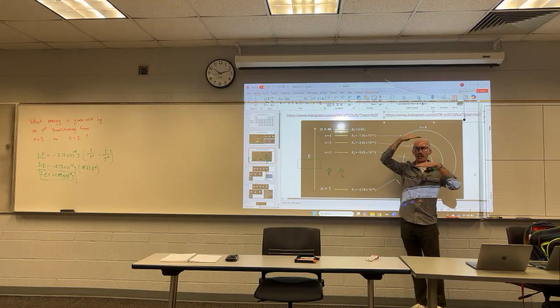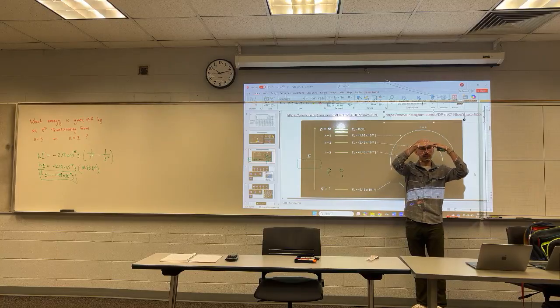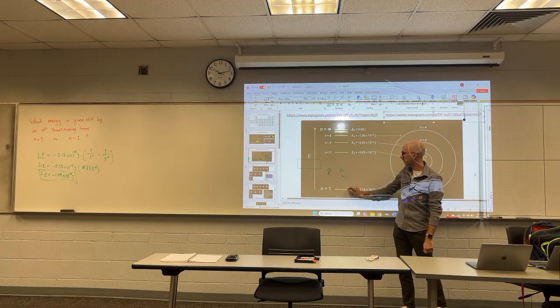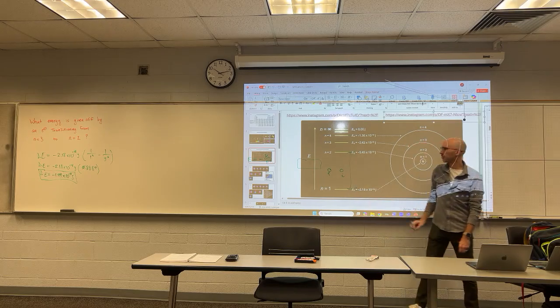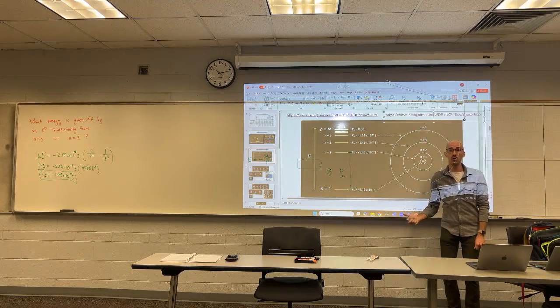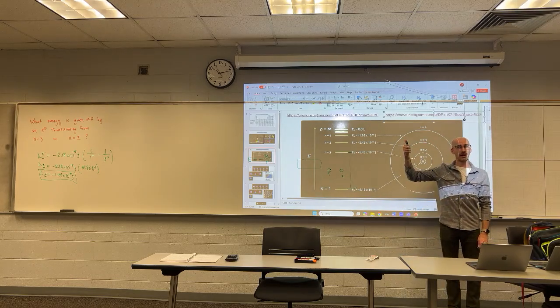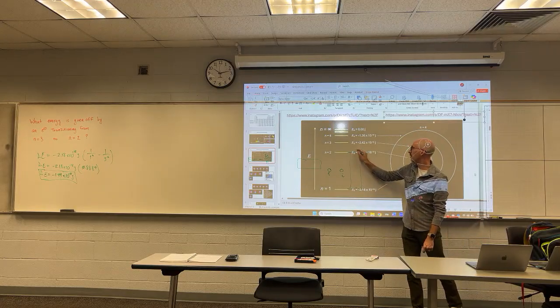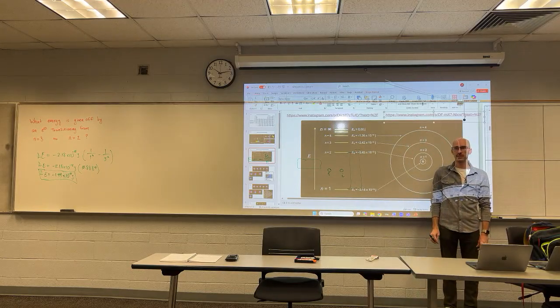Each energy shell gets actually closer and closer to the shell before it. If I provide a photon with this much energy, I can make my electron move from N equals 1 to N equals 2. But if I provide a photon of this much energy, does the electron move?